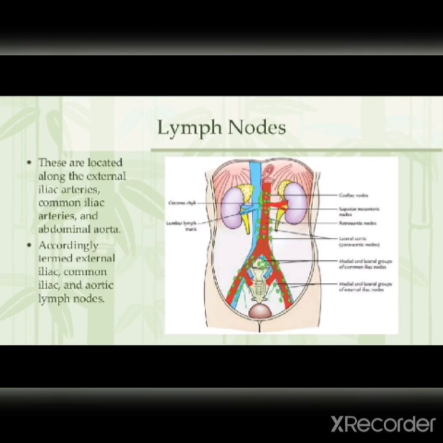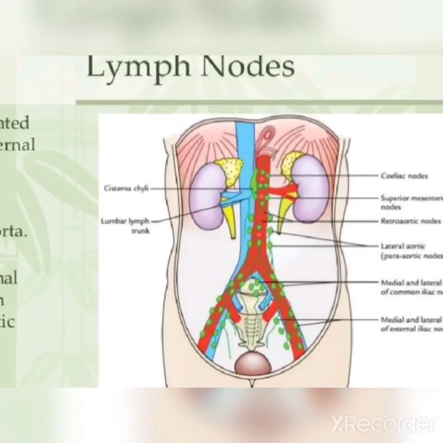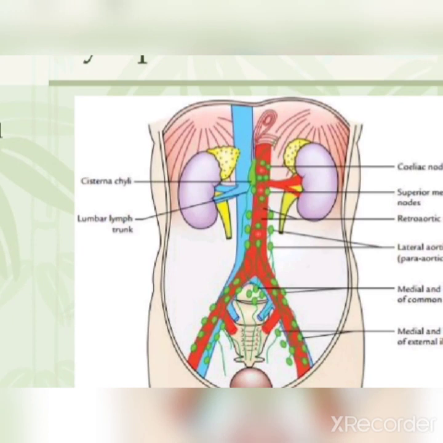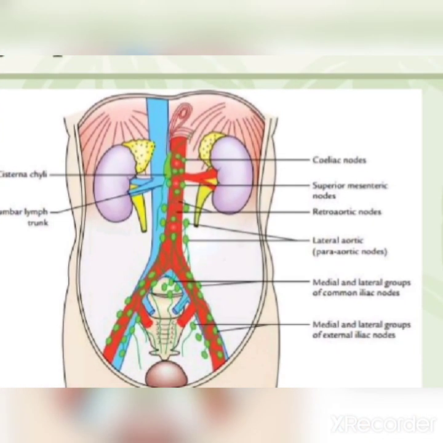Now, what are the various lymph nodes present in the abdomen? These are located along the external iliac arteries, common iliac arteries, and abdominal aorta. See, you can see here the lymph nodes are present at the external iliac arteries, common iliac arteries, and the aorta.